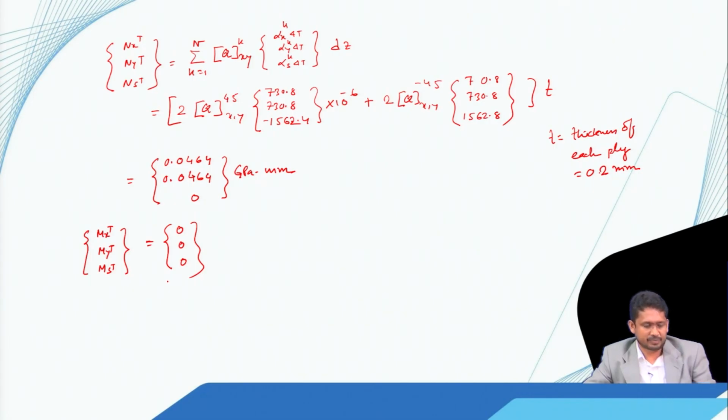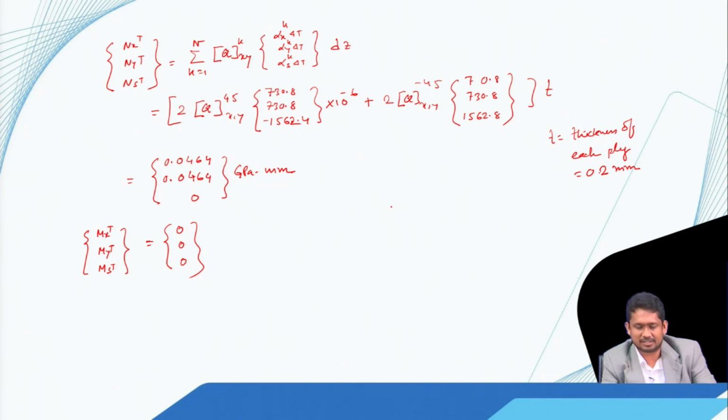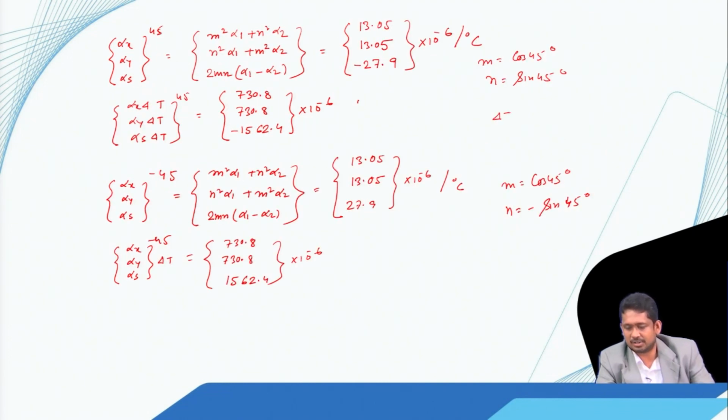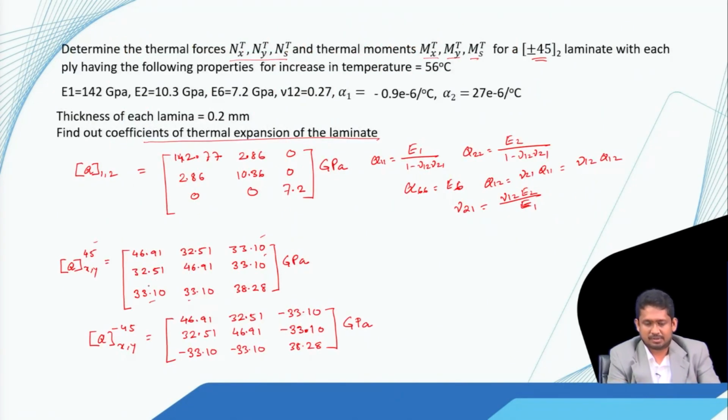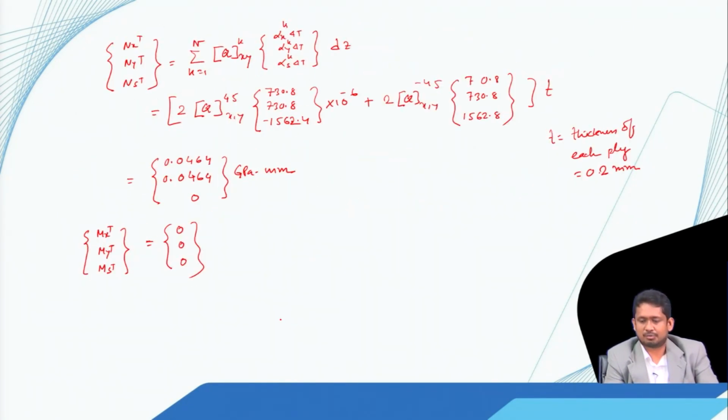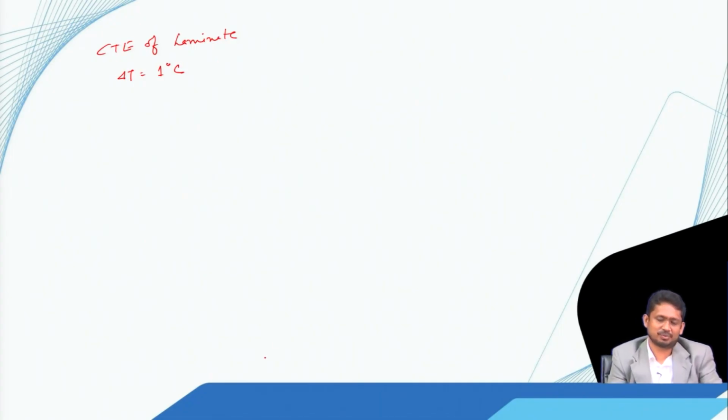Now, our goal is to find out the CTE for the laminate, and the procedure that we discussed is that, for CTE of laminate, to find that out, the procedure involves delta T equal to 1 degree centigrade. So, previously delta T was 56 degree centigrade, as given in the question. Now, to find out the CTE of laminate, we use delta T of 1 degree centigrade.